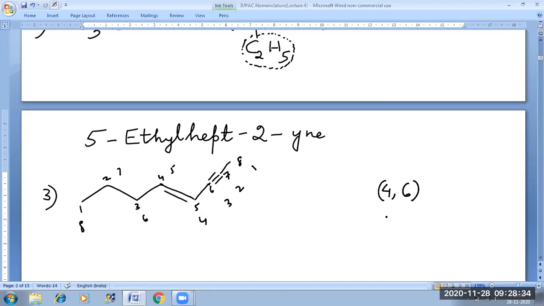If I number from the extreme right hand side, then the position of the triple bond will be at the second one, and the position of the double bond will be at the fourth one. Which one should be chosen? So the second one, because it's a lower set of locants. 2, 4 is lower than 4, 6.